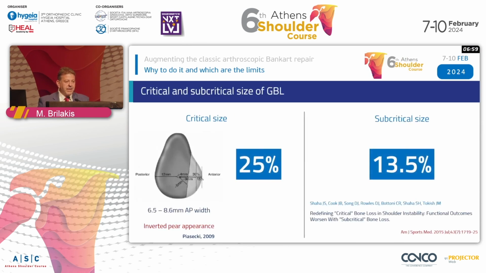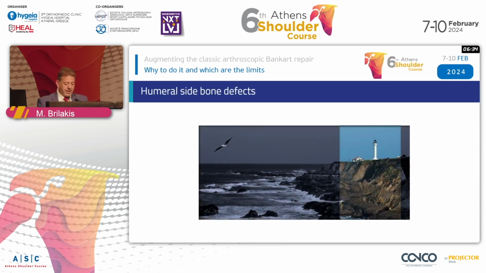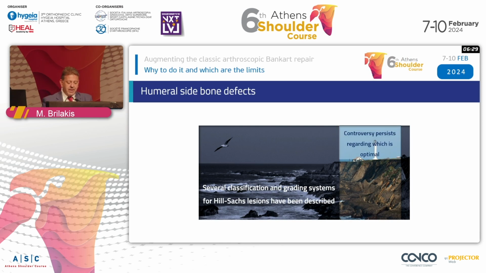And we have the numbers: 25% of the lower anteroposterior diameter of the glenoid is a definite indication for doing a bony procedure, and for subcritical size, 30.5% from this defect and more, we have inferior results. And from the humeral side, we have the Hill-Sachs lesion, but there is controversy in calculating this.